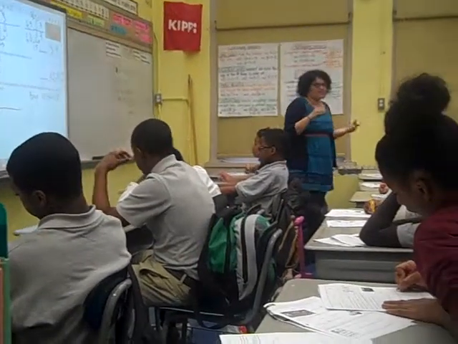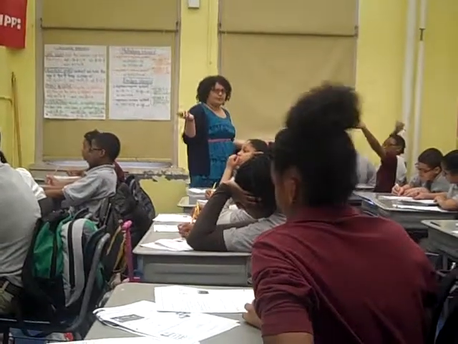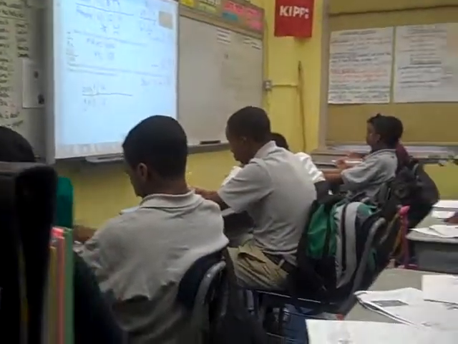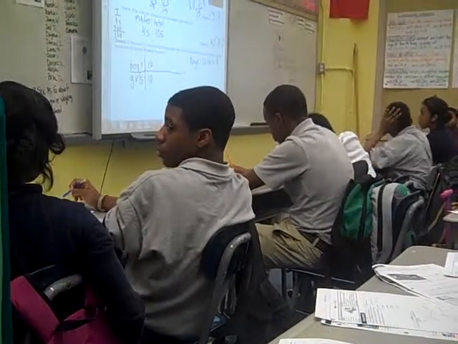So then what does it say? Why do we care that there's 18 total boys now? Kalia? The ratio is not the same. Does it say that? Does it say that the ratio isn't the same?